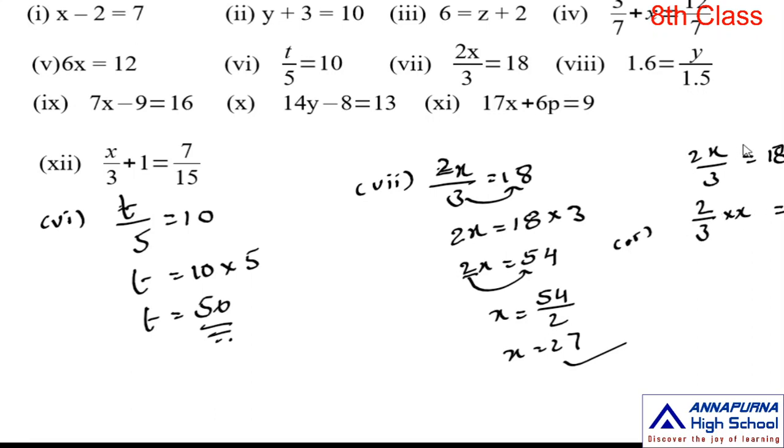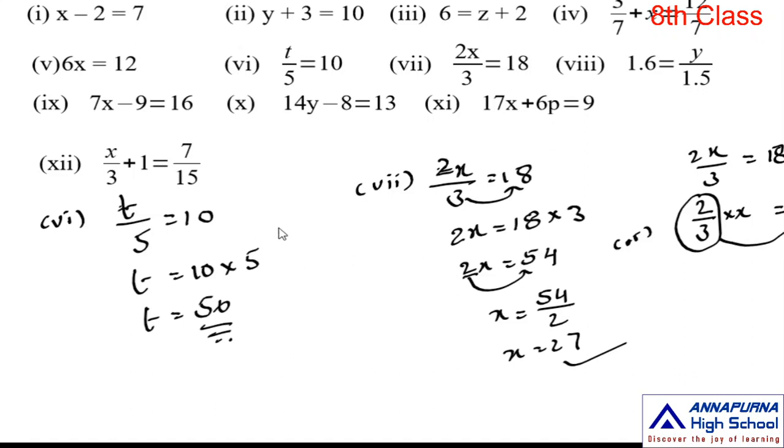That means here I separate the numerical coefficient and the variable. 2 by 3 into x means 2 into x, 2x by 3. So 2 by 3 into x. Now transpose this 2 by 3 completely to the right side.